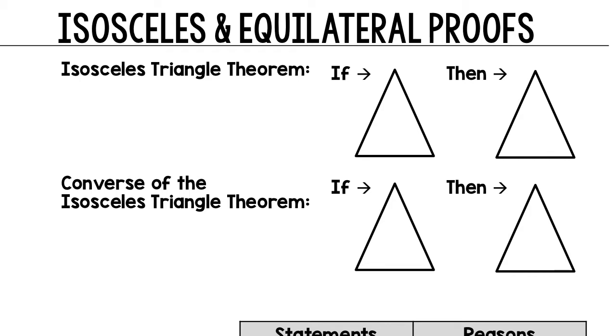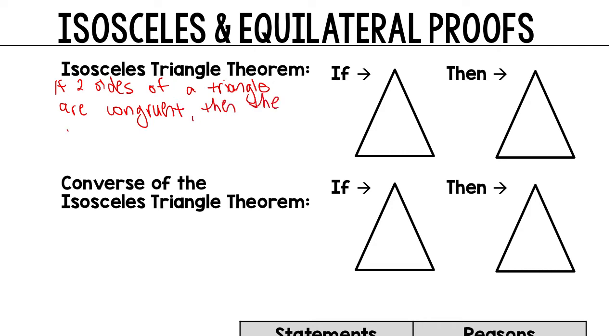First, we have the isosceles triangle theorem. It says if two sides of a triangle are congruent, then the angles opposite those sides are congruent.